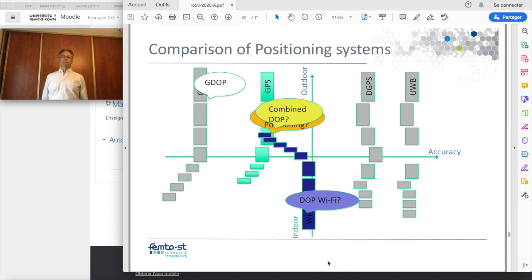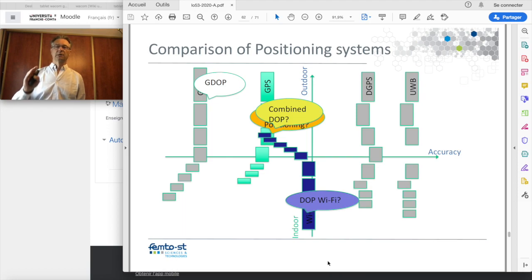So how can we compare all of these positioning systems which can work inside or outside? So this is a global view with accuracy on the x-axis, and the indoor-outdoor information on the y-axis. So you can understand that GSM on the left is not very accurate compared to ultra-wideband, which is very accurate, but it works only on short distance.